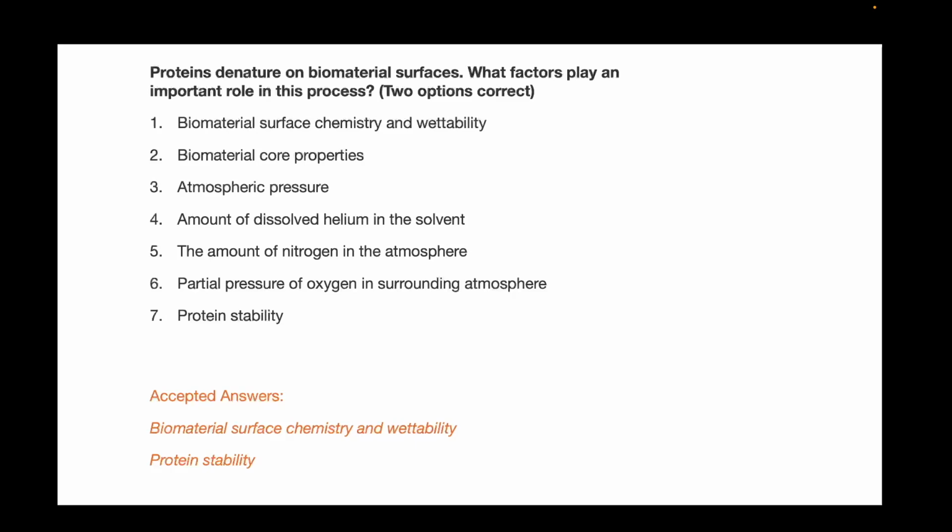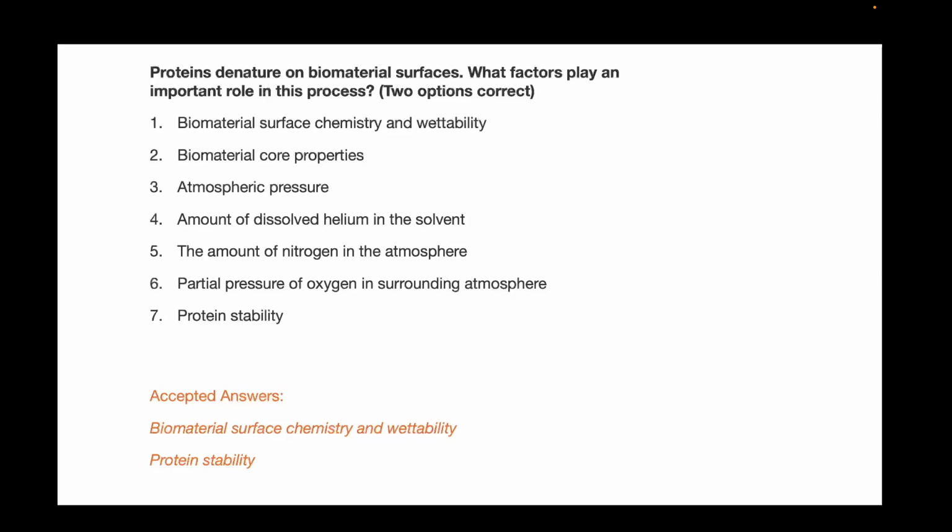That is, the hydrophobic core of the protein will be exposed to this hydrophobic material, and there will be hydrophobic interaction between the two, making a conformational change of these proteins or denaturation at the interface. If it is more hydrophilic, it repels or reduces the adhesion of these proteins.